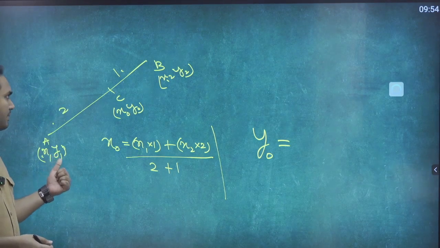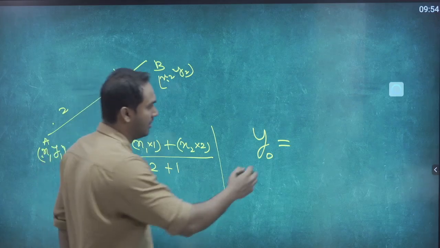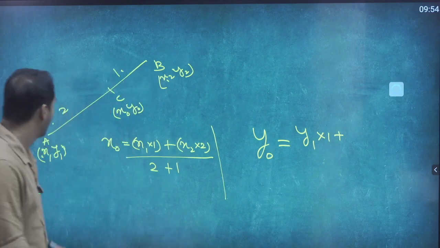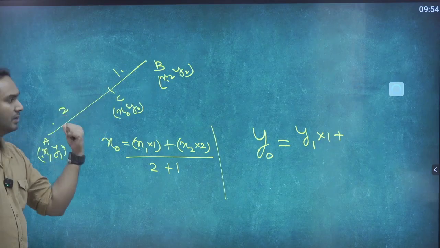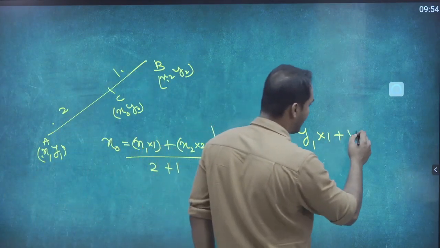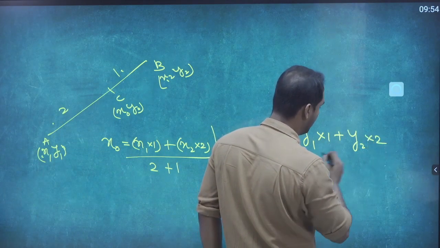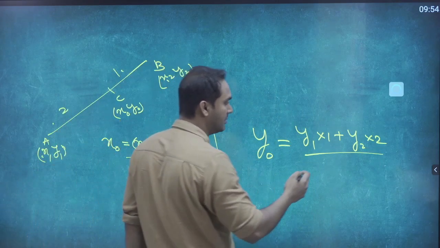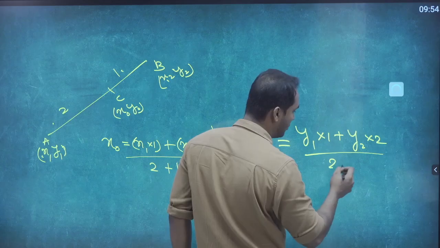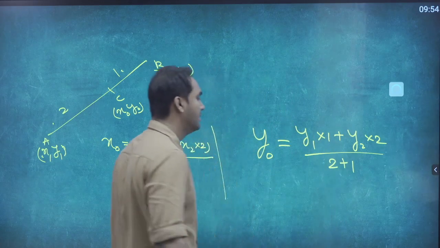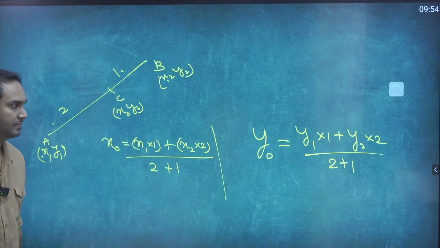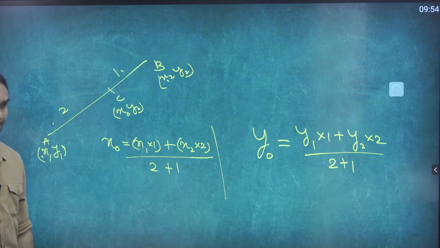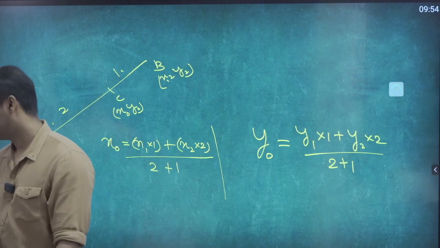So y1 is multiplied by 1, plus y2 multiplied by 2, and you divide by the sum of the two ratios, which is 2 plus 1. This will give the y naught value. Understood? Right. Take a note.